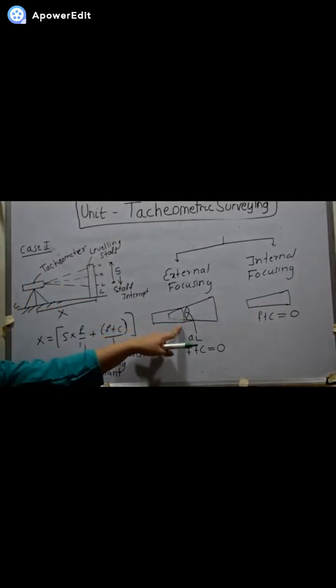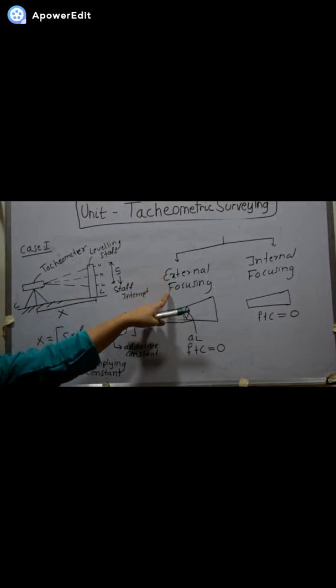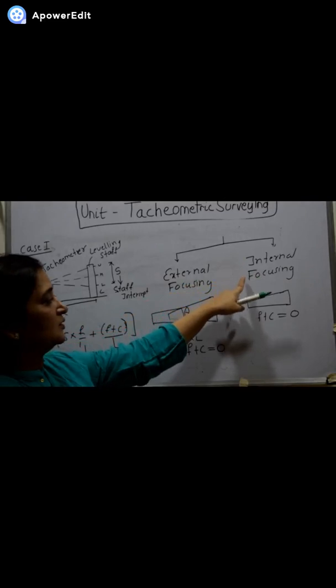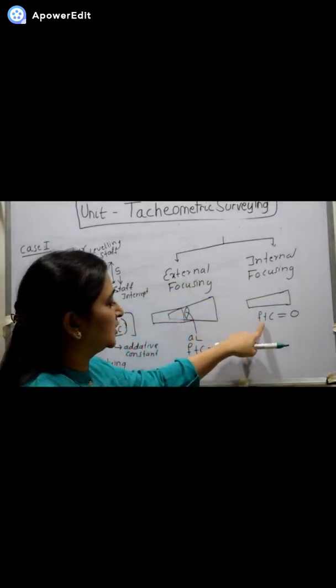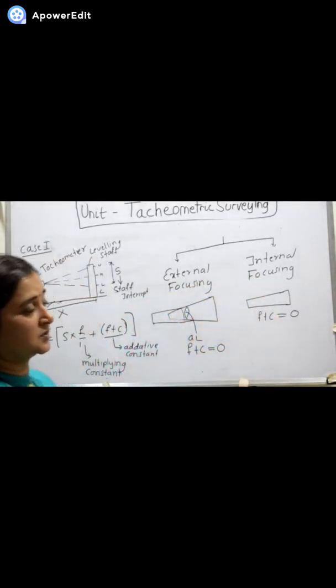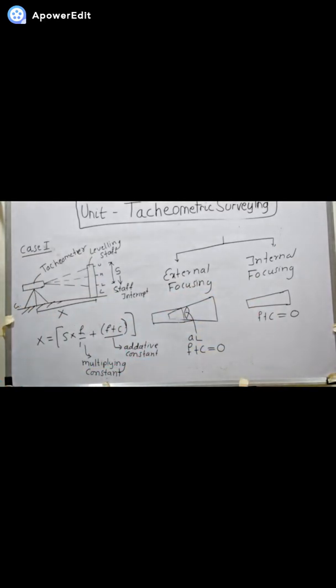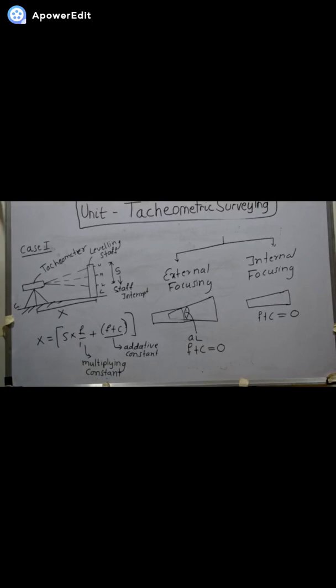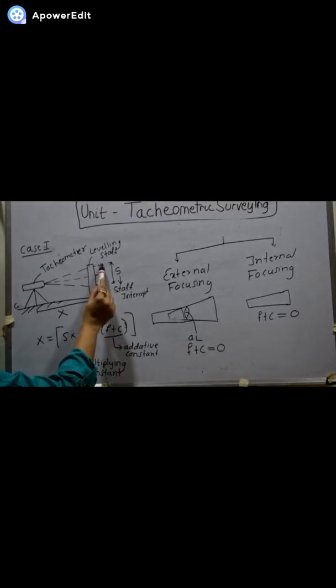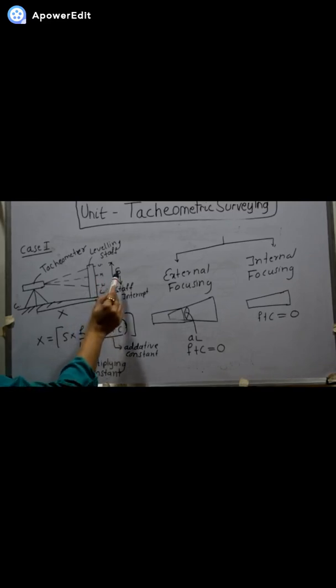The analytical lens is applicable for the external focusing theodolite or tachometer, and for the internal focusing theodolite or tachometer, the f plus c value is 0 by default. In this case, the multiplying constant will be given by the manufacturer, and S is nothing but the staff intercept, that is the upper reading minus the lower reading. Whatever we get, it is S.